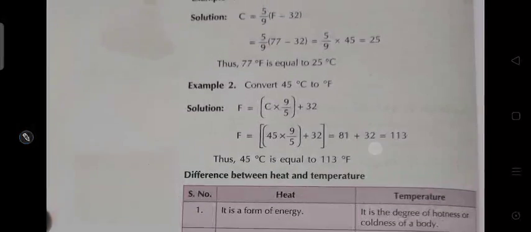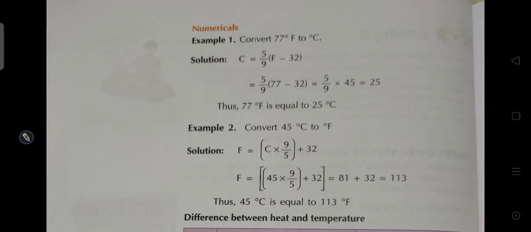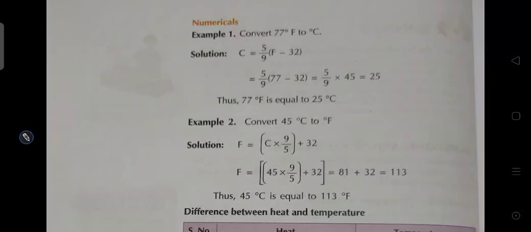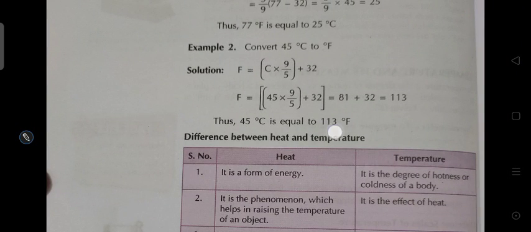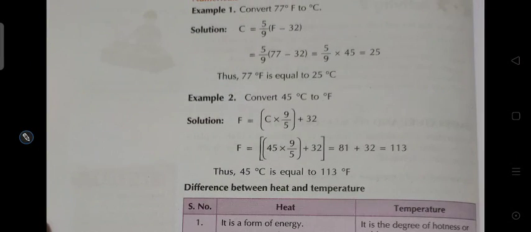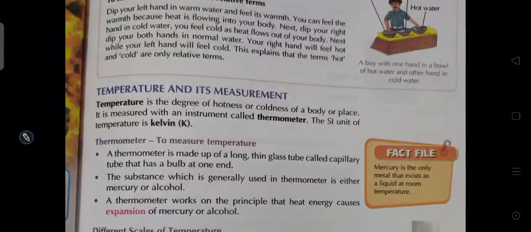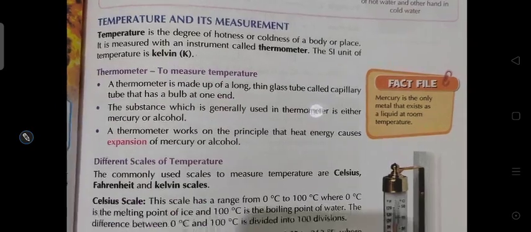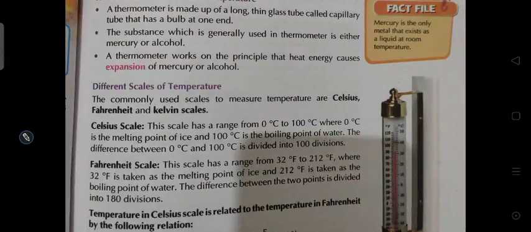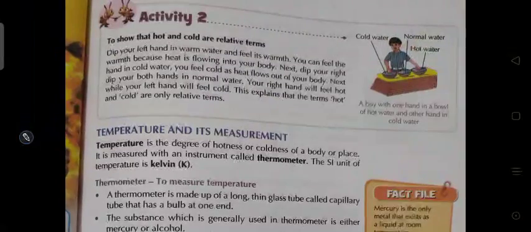I hope, students, you have understood the differences between heat and the temperature, and the other things which I told you today, the formulas which we can apply to find out the temperature in different units like degree Celsius and degree Fahrenheit, and we talked about the definitions of temperature and what is the thermometer, and some other things.